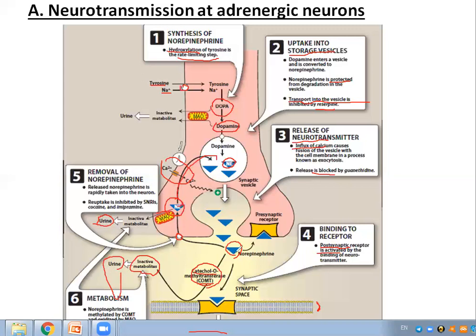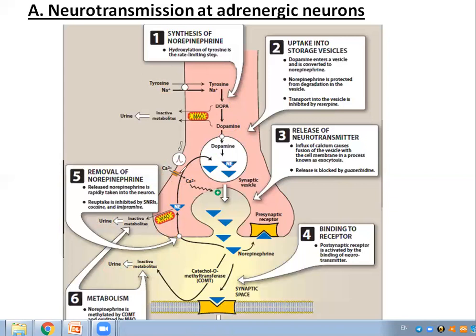The fate number 4 of the norepinephrine is to bind its second receptor, which is present in the presynaptic membrane and is called a presynaptic receptor. So this binding causes further mechanisms.